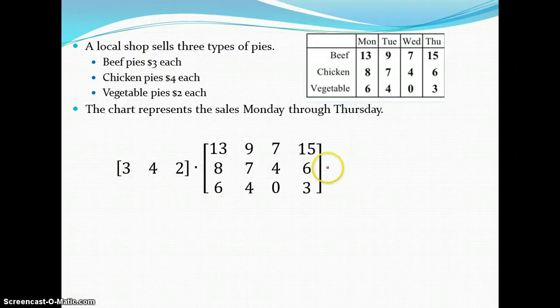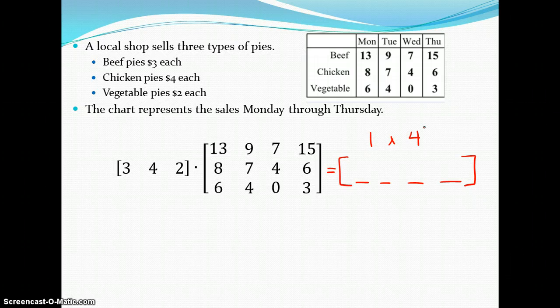So remember, and we'll talk about why this is later on, our matrix is actually going to be, we'll talk about how you can figure this out on Friday, a 1 by 4, it's going to have 4 elements in it.